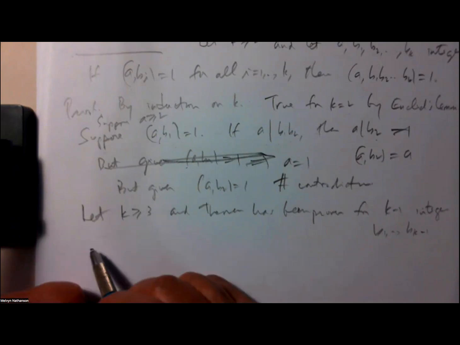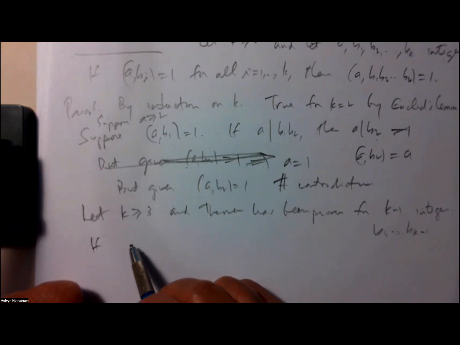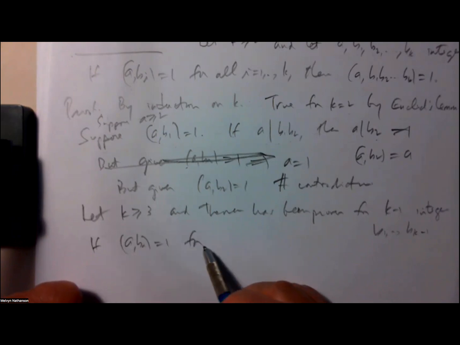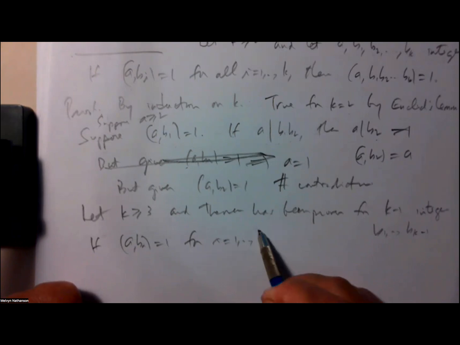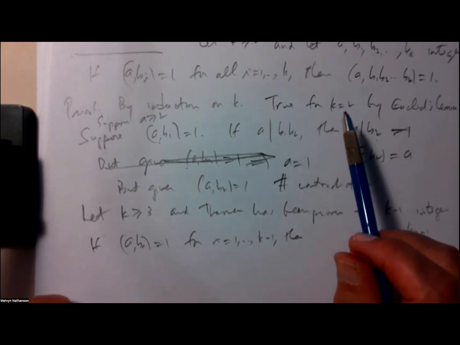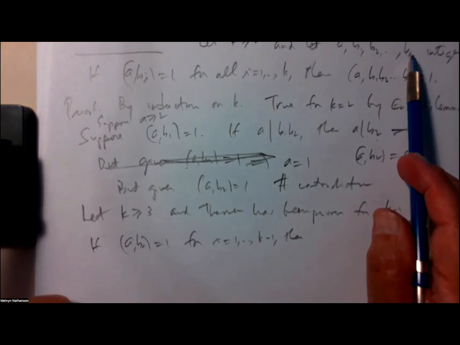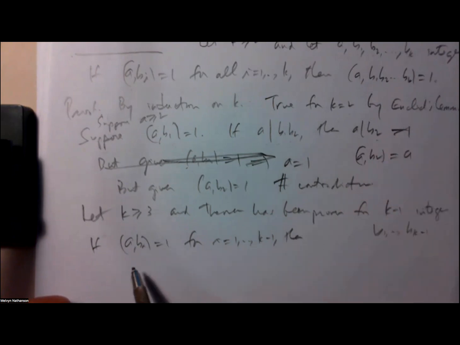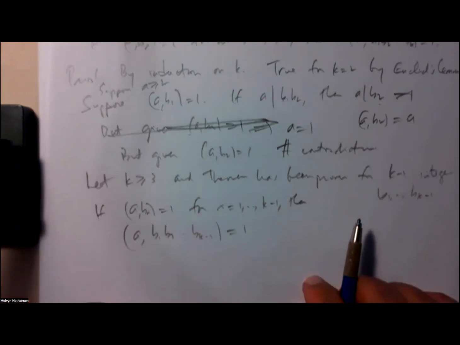So if A and B sub I are relatively prime for I going from 1 up to k minus 1, then by the inductive hypothesis, A and the product of the first k minus 1 integers are relatively prime.